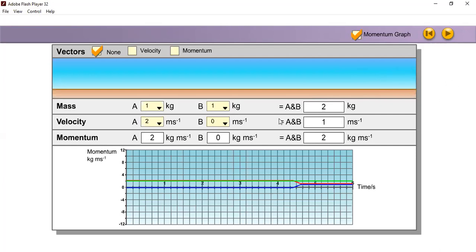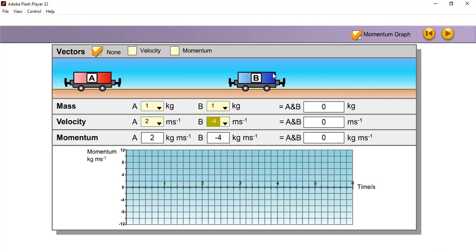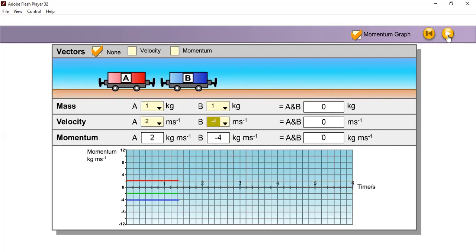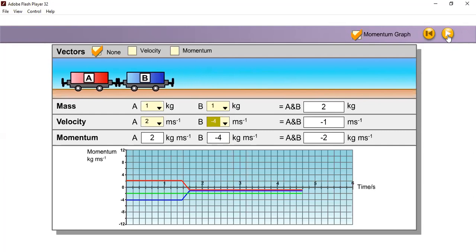Again, we notice that if trolley B moves with greater speed, after collision, they will move in opposite directions, red and blue color. But you notice that the green color is always constant.